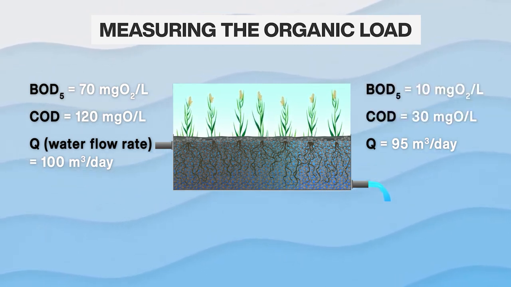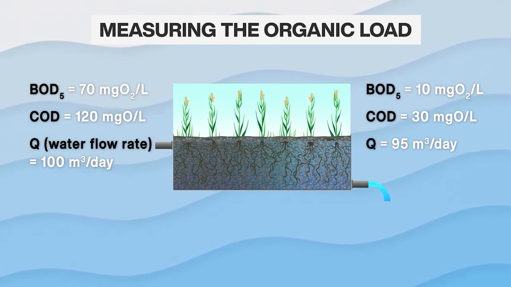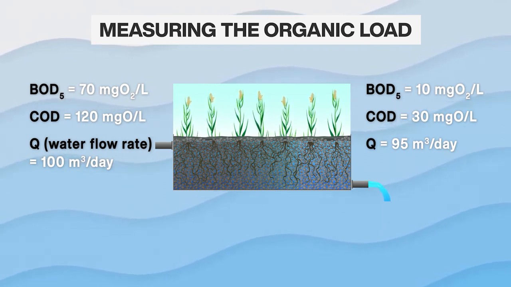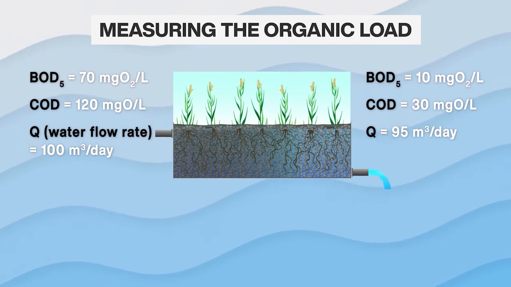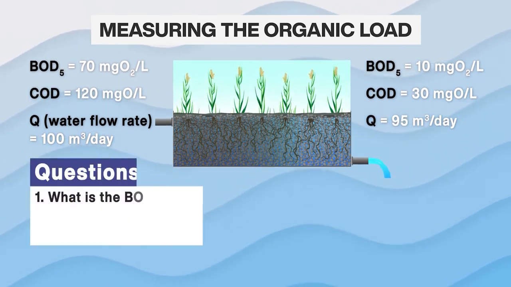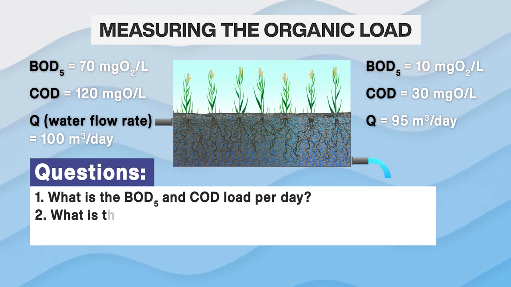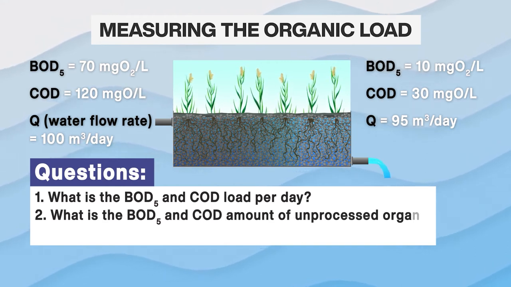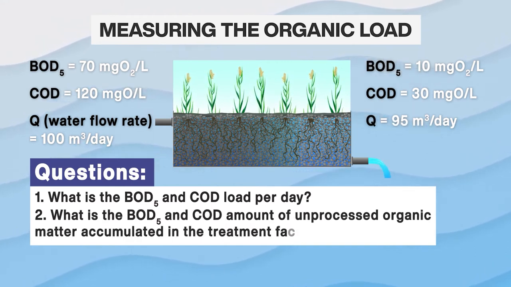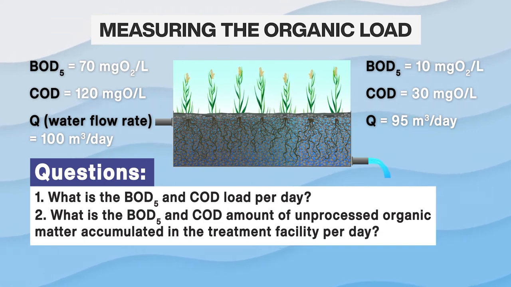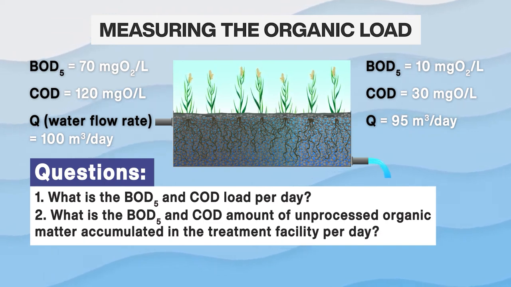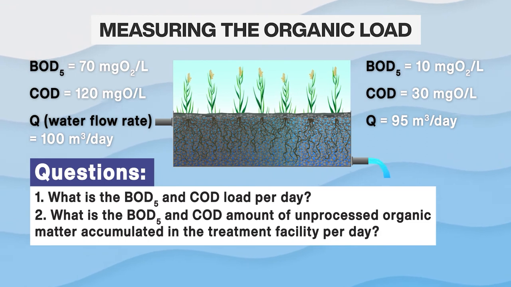BOD5 and COD are 10 mg O2 per liter and 13 mg O2 per liter, respectively. We need to calculate, first, the BOD and COD load in the given treatment facility per day. Second, the BOD5 and COD amount of organic matter processed in the treatment facility per day. Are the conditions clear? Yes, sir. Calculating.